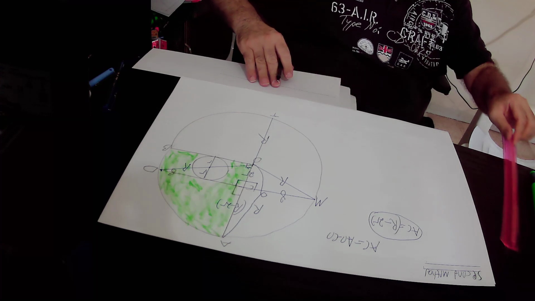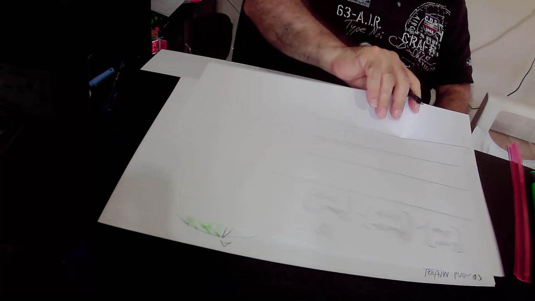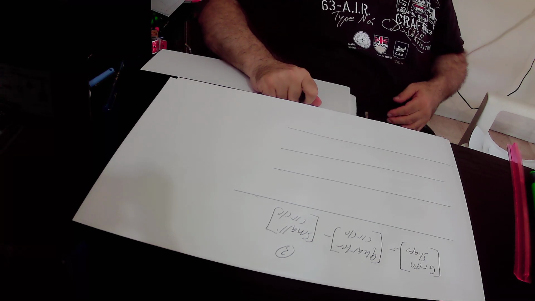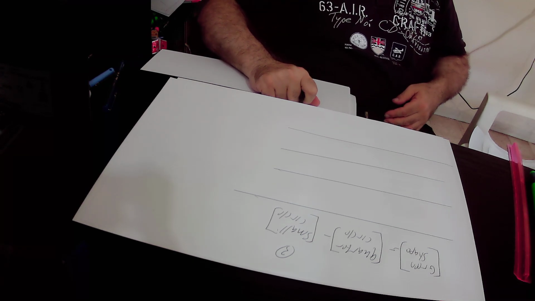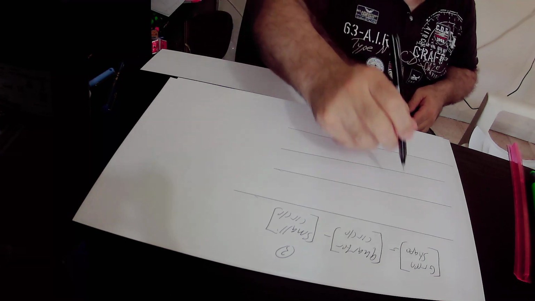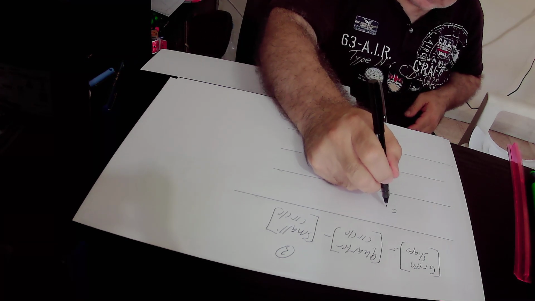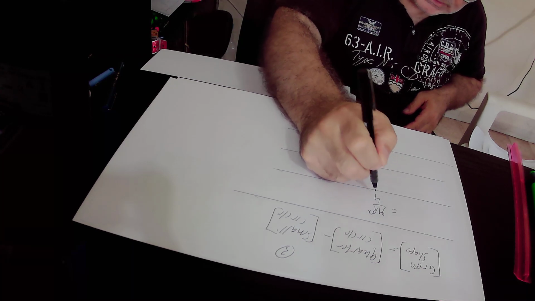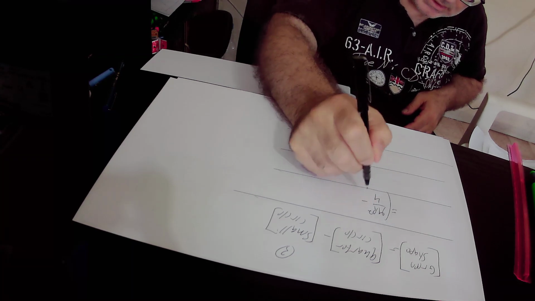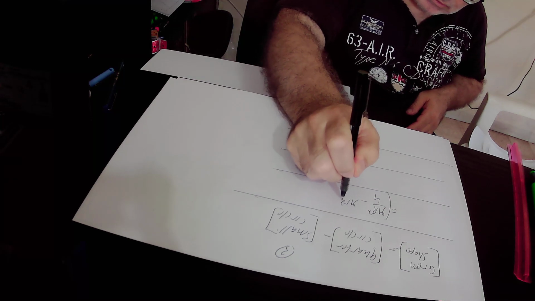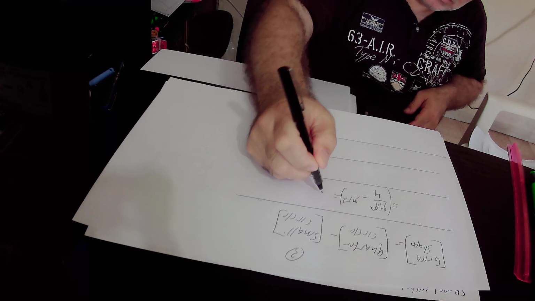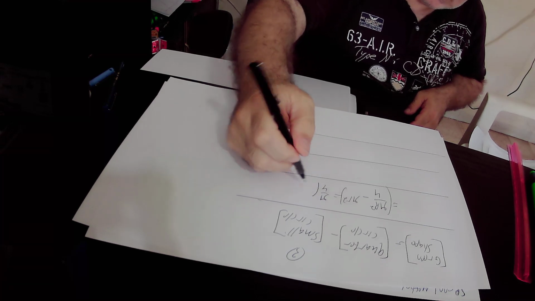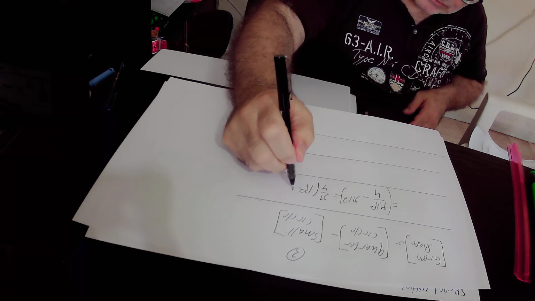I repeat again, the area of the green shape equals the area of the quarter circle minus the area of the small circle. And we have already found out that the area of the quarter circle equals pi times capital R squared over 4, minus the area of the small circle, that is pi R squared. Here we took pi over 4 as a common factor. Inside the brackets we have here capital R squared minus 4R squared.